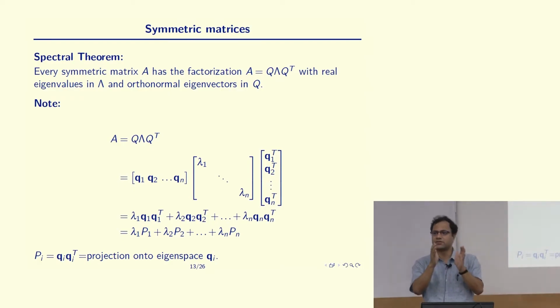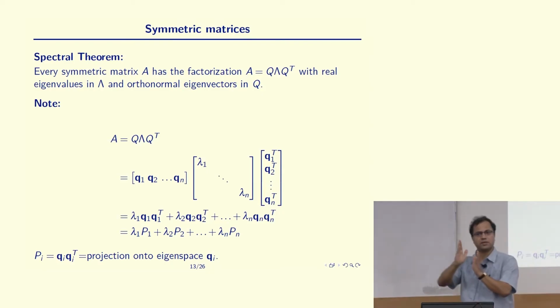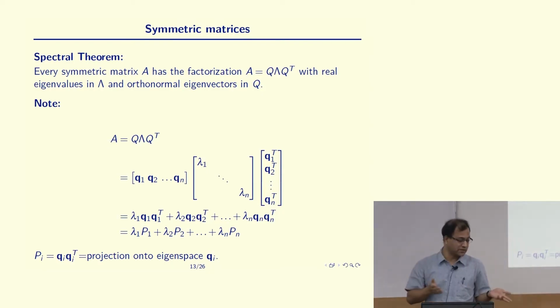If you just consider the first few where the lambdas are very big, those will be the dominant part in our matrix. So in that way, we also do some applications in image compression, because these are easy to store in the computer memory, since these are rank 1 matrices.